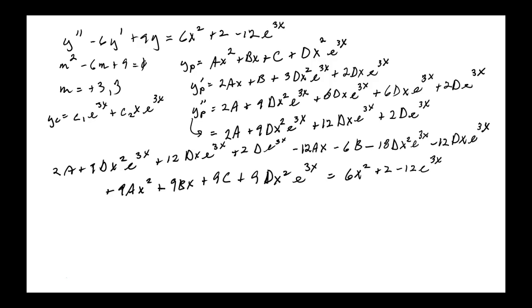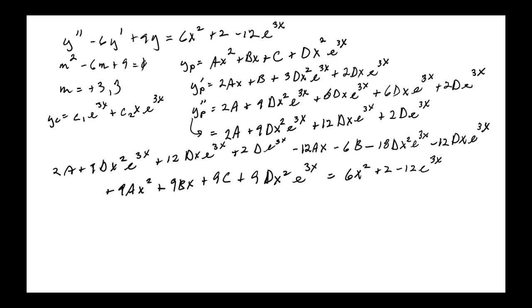All right. Ooh, goodness gracious, how many terms, how many coefficients. Let's start with the constants. Here we have 2a minus 6b plus 9c. Agreed?